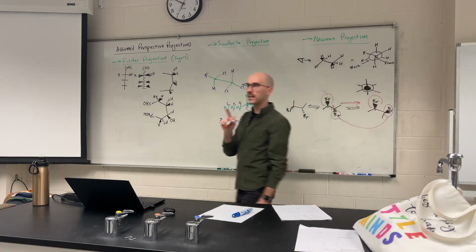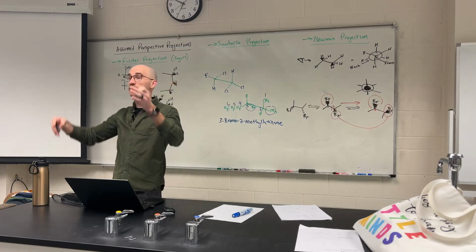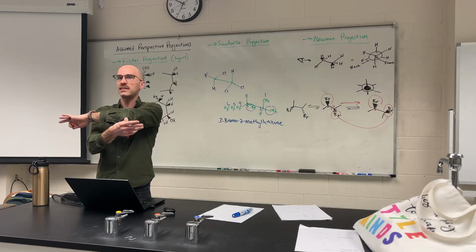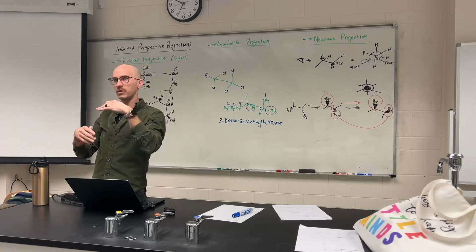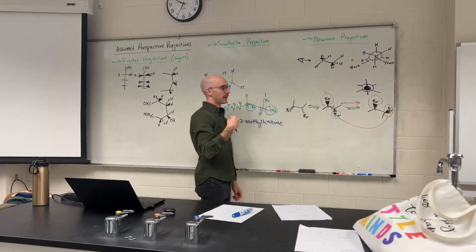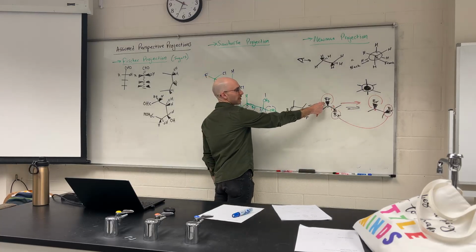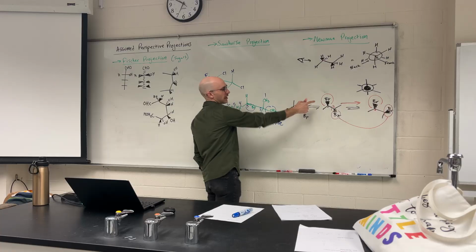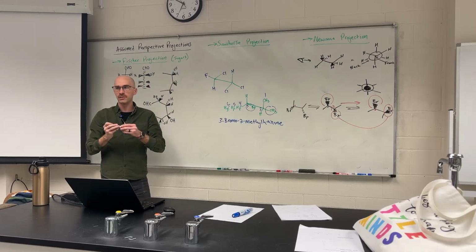Its stereochemistry is the same, but your perspective of how it's taking up space has changed as a result of a rotation. So what was dashed now looks wedged, and we can do the same thing in reverse. This wedged group is now the only one to rotate, and that dashed group becomes wedged.